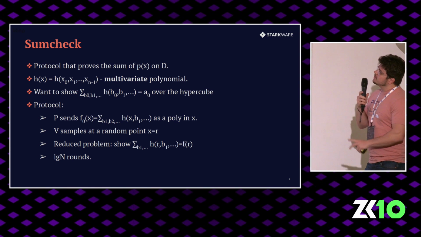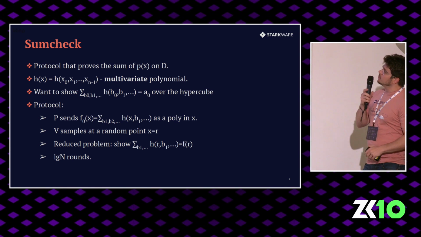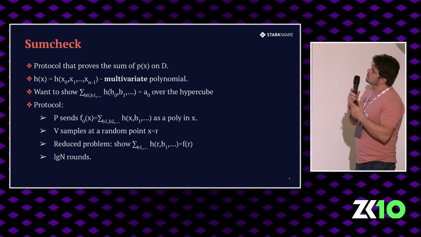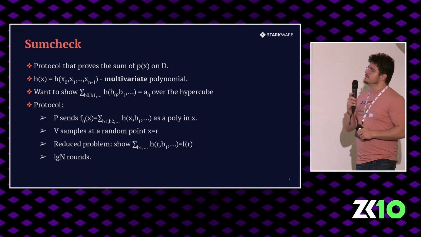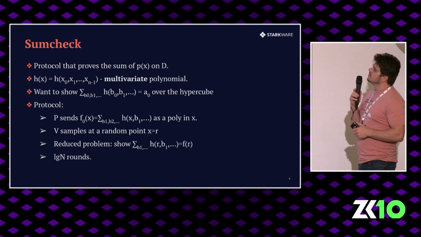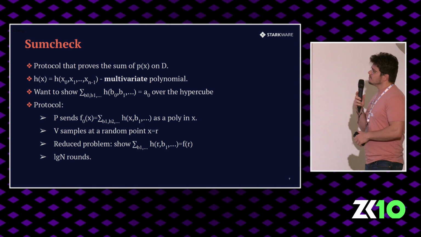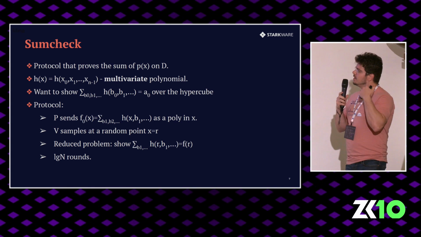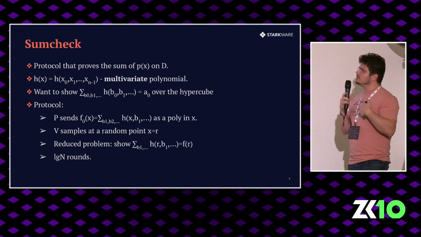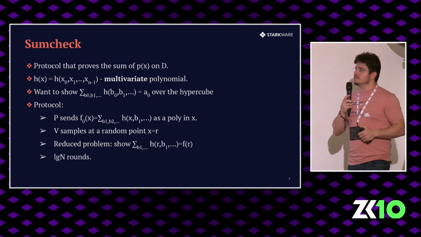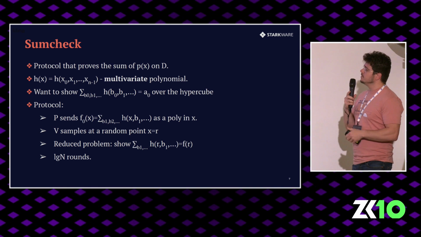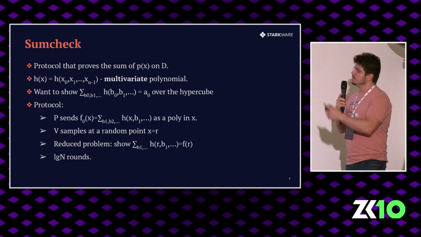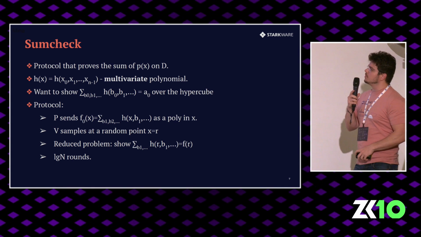And this is where we need some polynomial commitment scheme for the polynomial p. P is the same as h. Okay, I need some polynomial commitment scheme for the polynomial h, where the prover needs to show to the verifier that h on these random values is what is expected from the Sumcheck protocol.